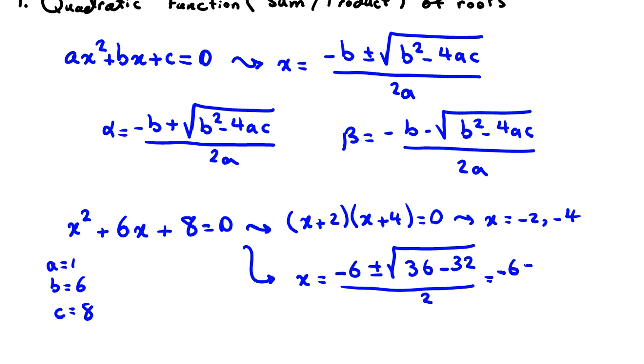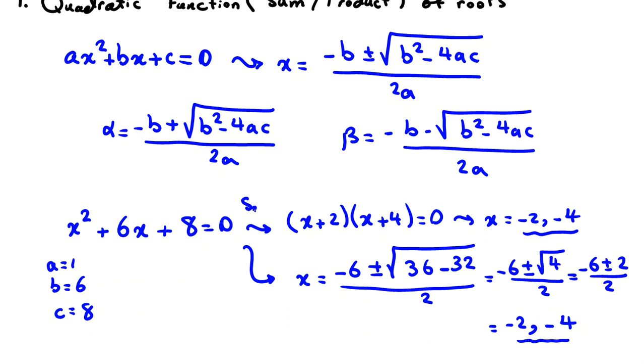So it will be negative 6 plus or minus root 4 over 2. Root 4 equals 2, so negative 6 plus or minus 2 over 2. One case is negative 6 plus 2, which is negative 4 over 2, which is negative 2, and negative 6 minus 2, negative 8 over 2, is negative 4. Exactly these two roots, solution number 1, solution number 2.